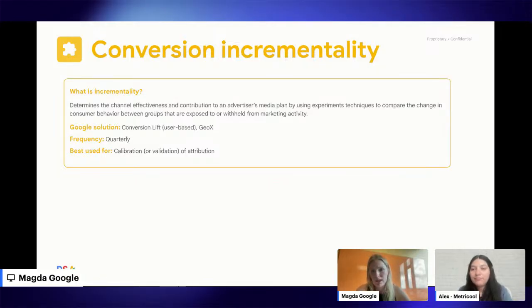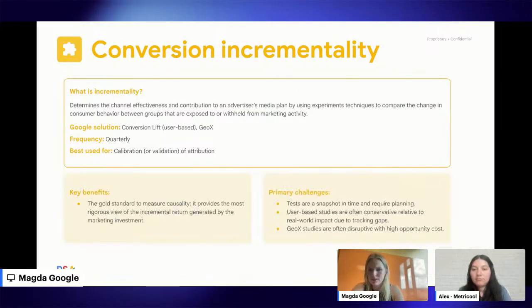We recommend to have this done for different media, done quarterly. And it's best used for basically calibration of attribution. So these are the key benefits. This is the gold standard to measure causality, and it provides the most rigorous view of incremental return generated by marketing investment.